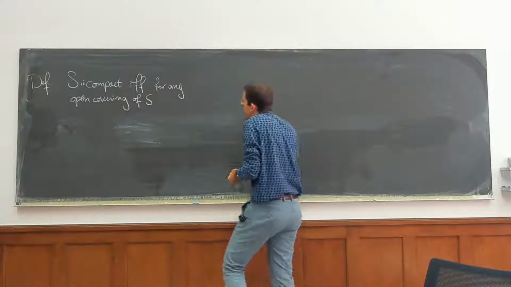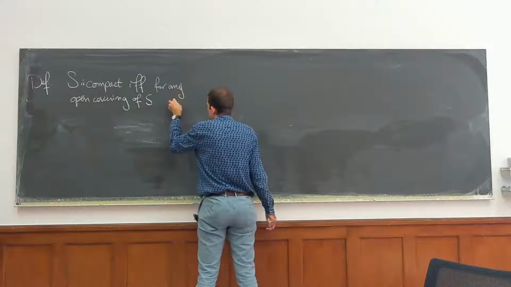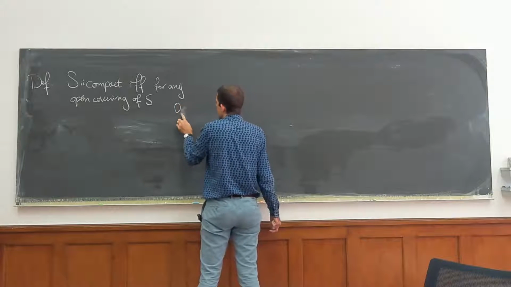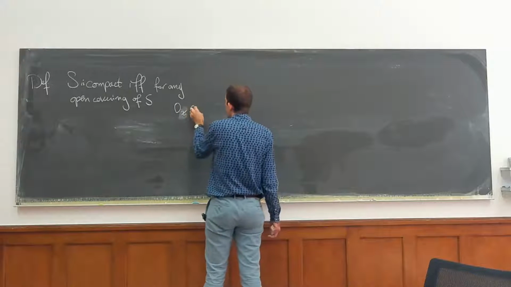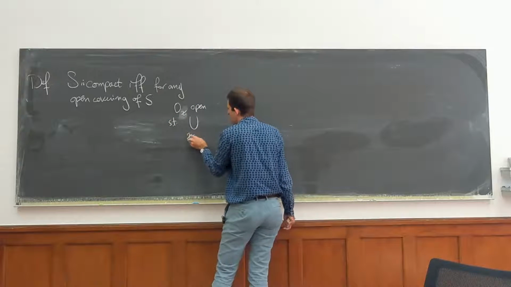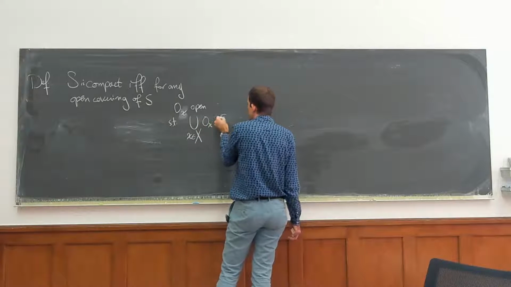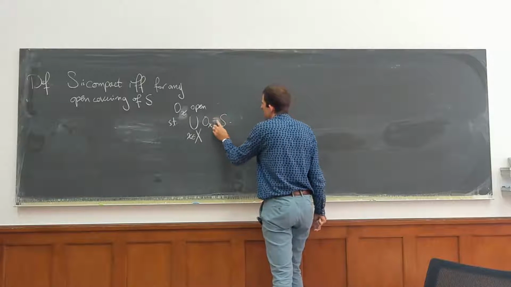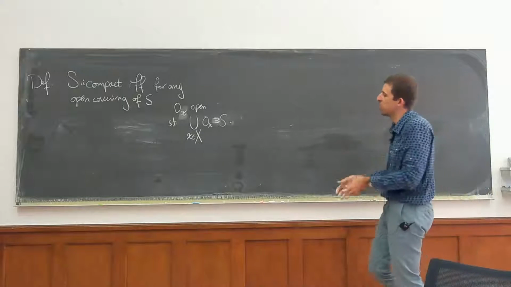of S. What do I mean by an open covering of S? I mean a set of sets, say, let me use the letter O as in open, sets O_x open, such that the union over all x in some space X of O_x is equal to S, or contains S. Maybe it's better to just say that it contains S, otherwise I have to talk about open in the relative topology.